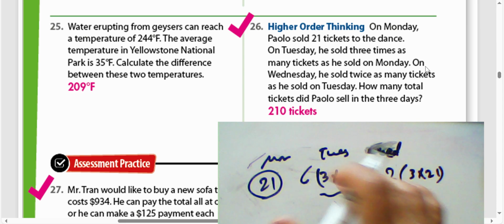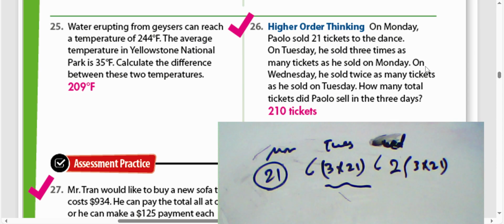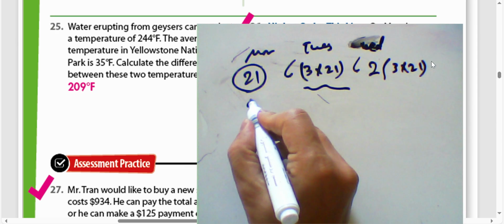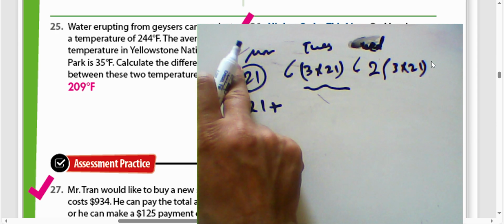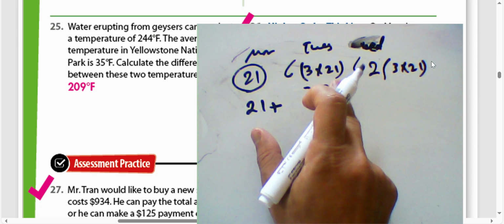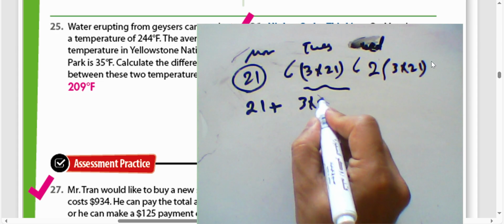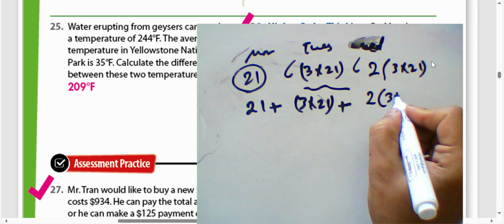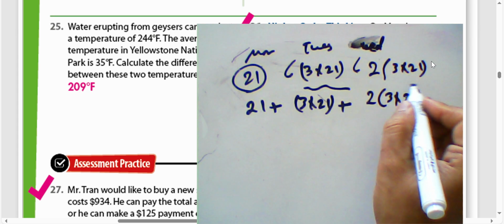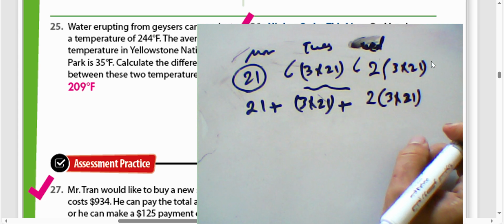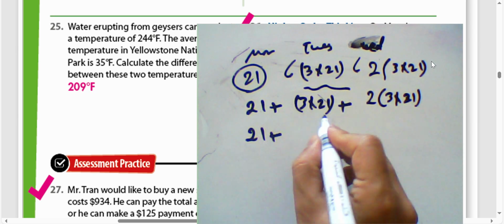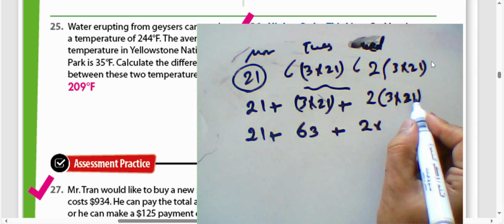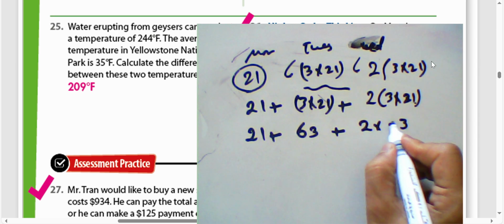Okay, how many total tickets? We can find the total by multiplying first, then second and third, and then summing together. 21 tickets on Monday. On Tuesday, 3 times the number of tickets on Monday. On Wednesday, twice the number of tickets on Tuesday. 21 plus 3 times 21, 3 times 1 equals 3, 2 times 3, 6.